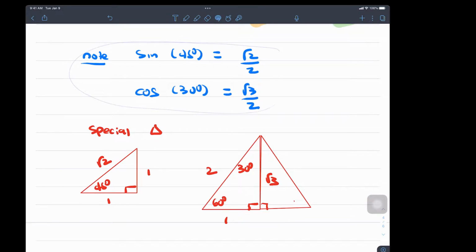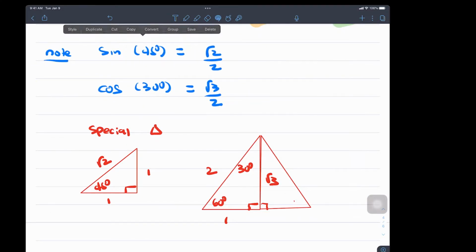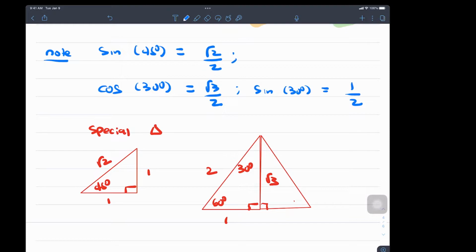And so all this is going to come down to just special triangles. That's it. So then you go, okay, what's this going to be? Sine of 30 degrees is 1/2, right? Cosine of 45 is square root of 2 over 2.